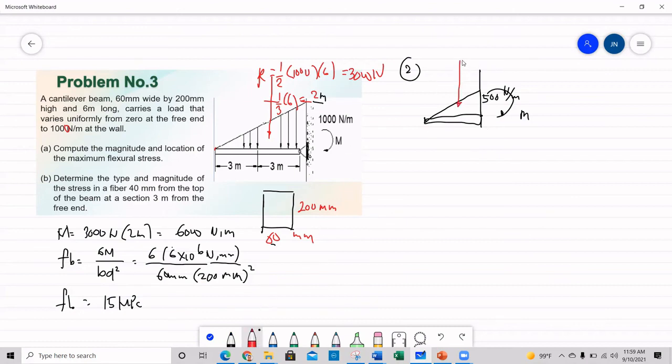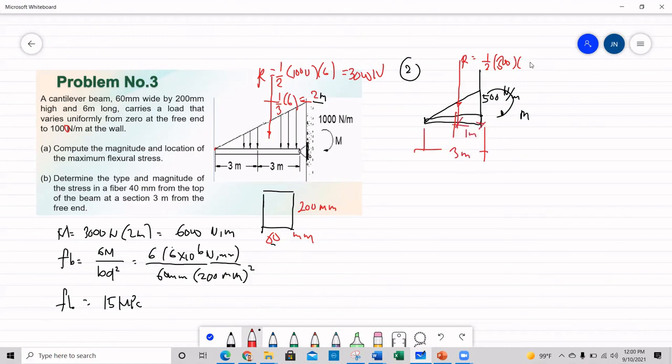I will write it down now so that next time we can just go with the calculation, for the benefit of those who cannot catch up right away, to give the opportunity to learn to everyone. The resultant load is 1/2 of 500 times 3 meters. If this is 3 meters, obviously 1/3 of 3 is 1 meter.